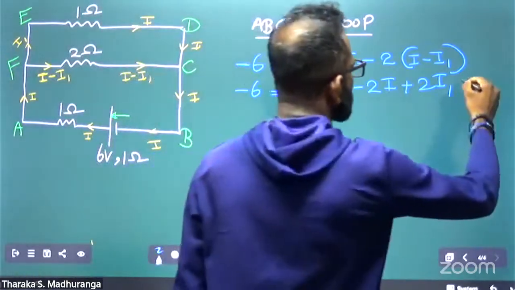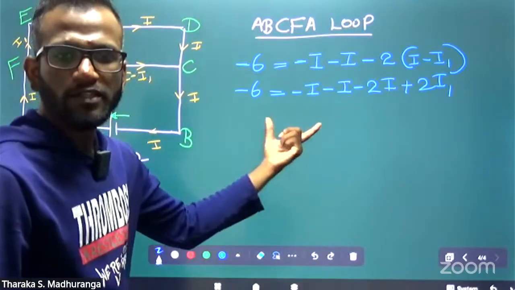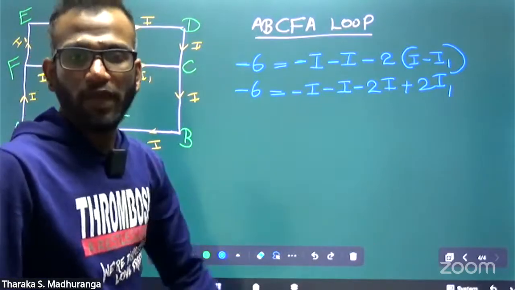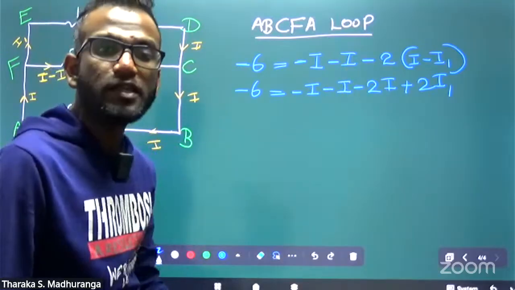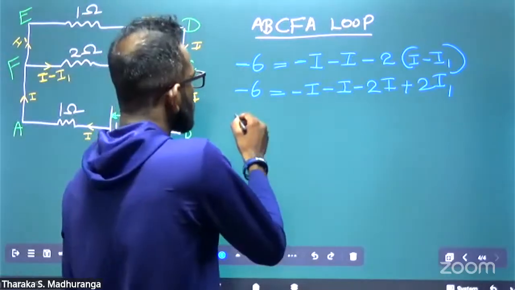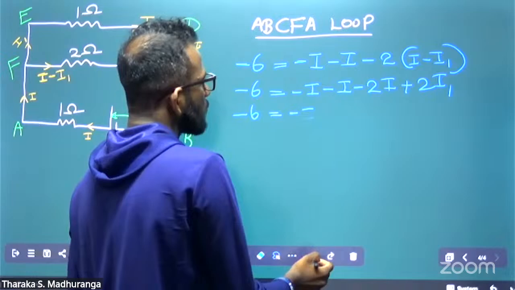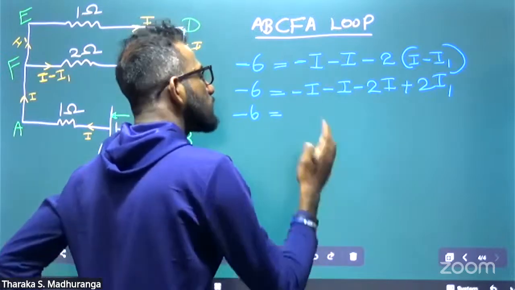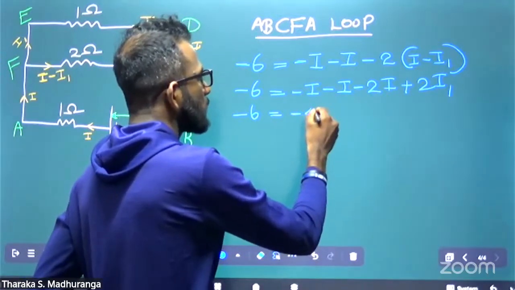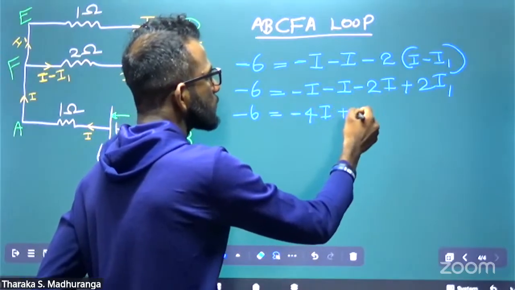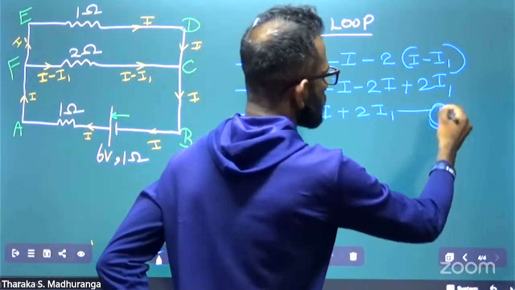I think now the problem is we cannot solve this equation. Why? It has two unknown factors, I and I1. Therefore, we cannot get a value. So minus I, minus 2I, minus 2I, that is minus 4I plus 2I1. I think this is my first equation.